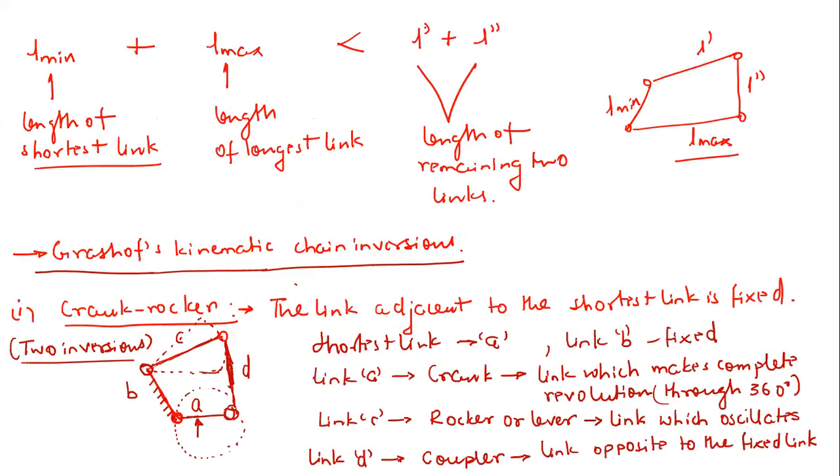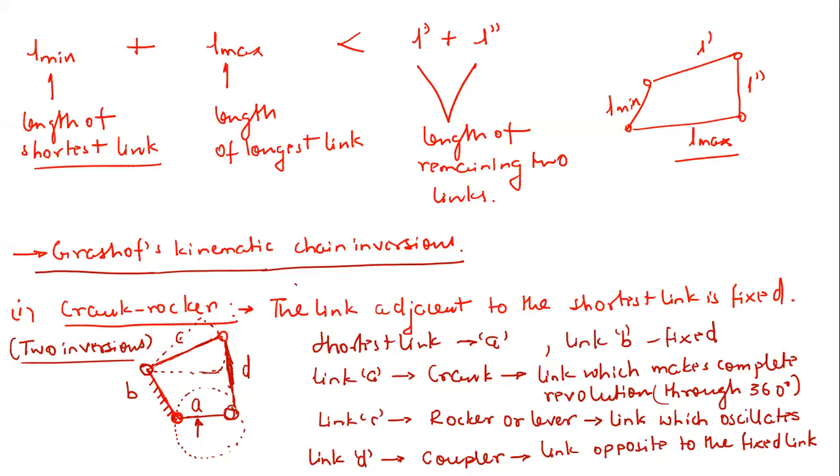See, we are not doing anything special. We are just fixing all the links one by one. But I am referring every arrangement with respect to the shortest link, because that is actually easier to remember, right? So you have to also remember in this way, because this is quite easier. Otherwise I can simply fix link B, then fix link C, then fix link D, right? But remember this in this way.